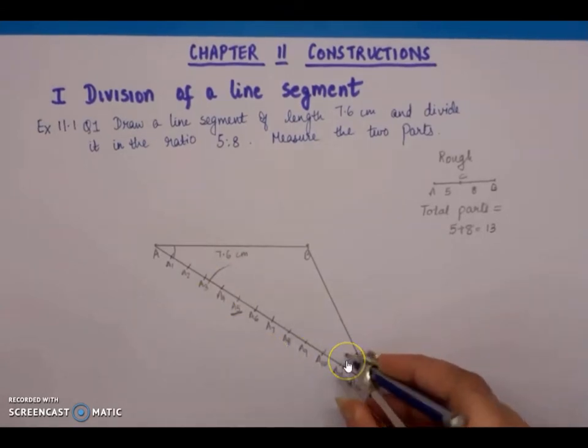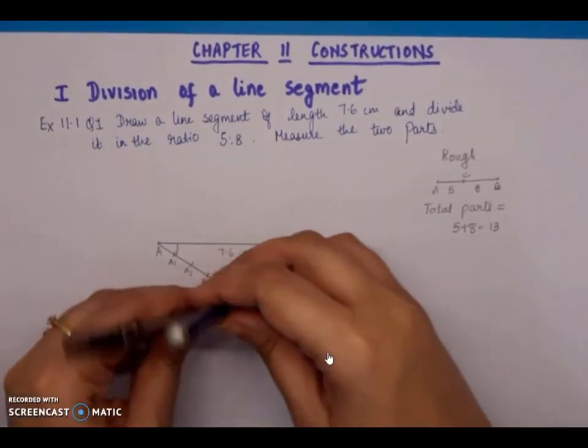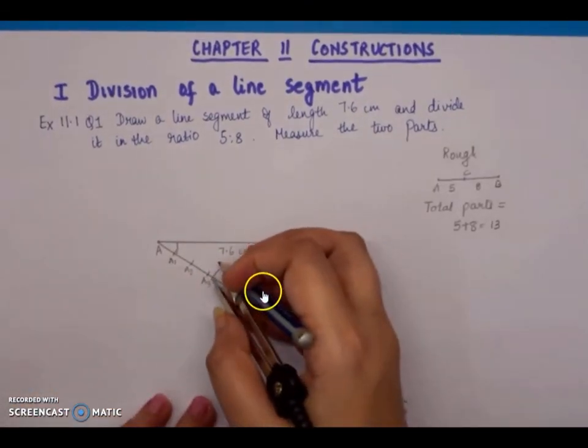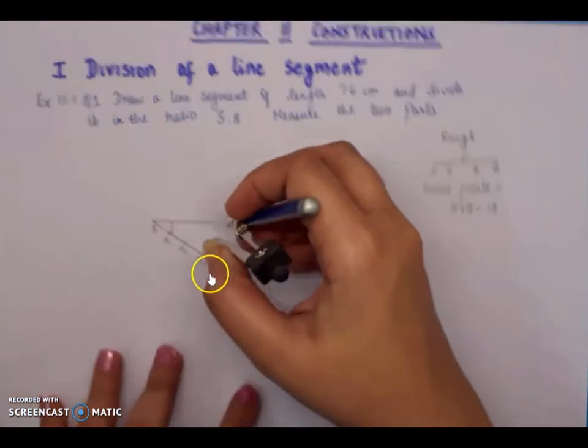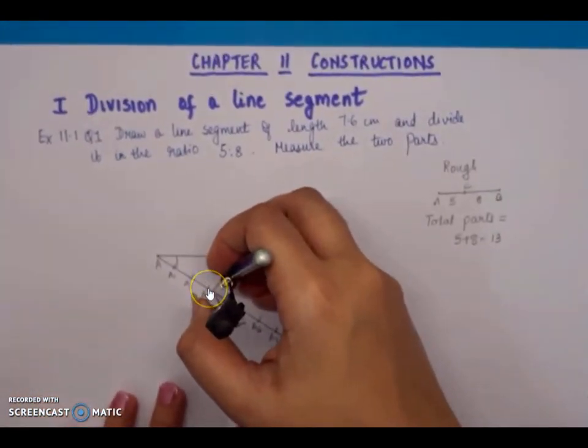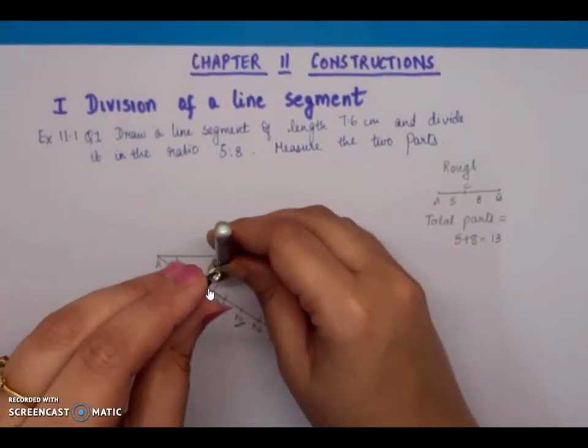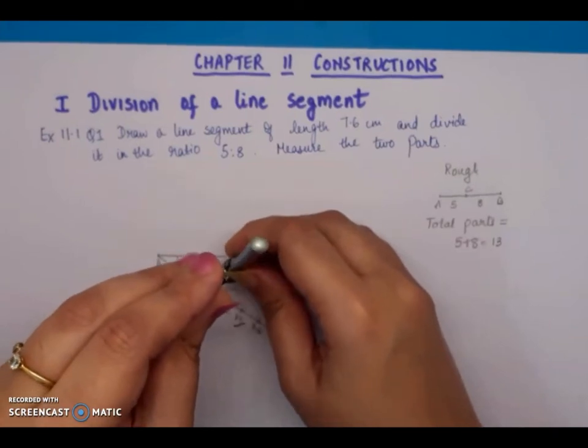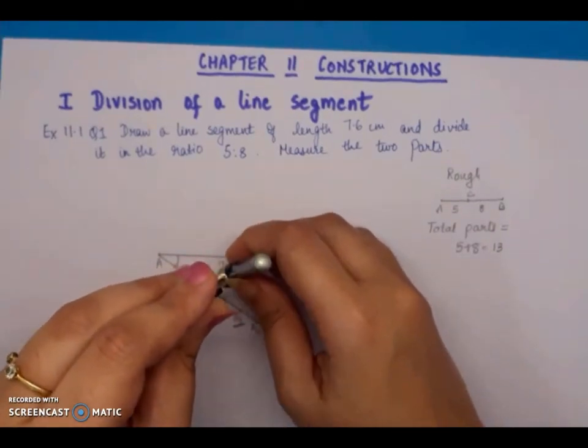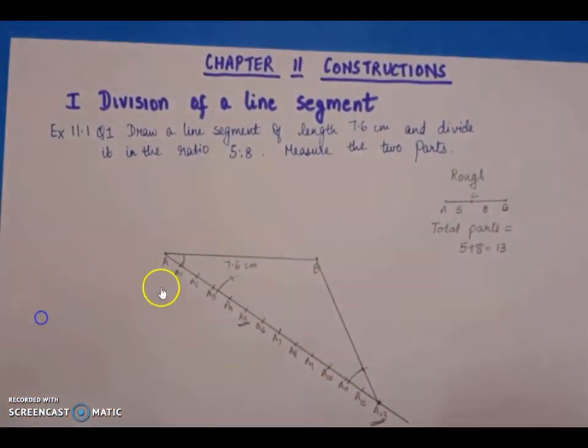Then measure this angle. I am measuring this angle. Then from this point again I am going to measure the same angle. Now this point, when you connect with A5 and extend, you will get a line going parallel to A13B.